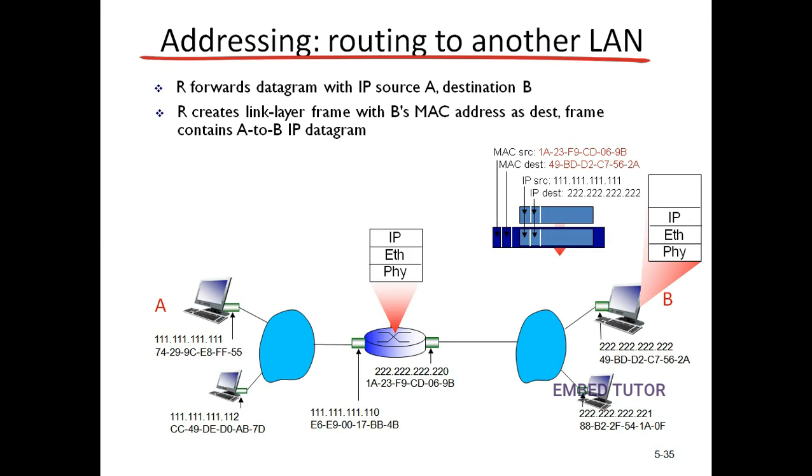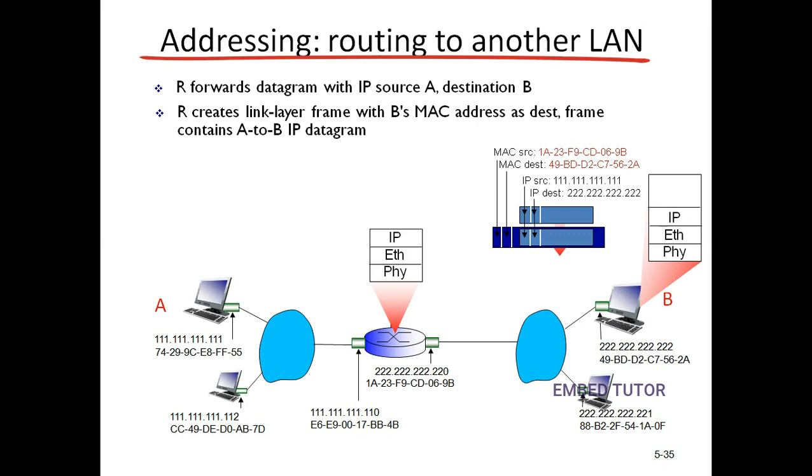So the IP source address will be 111.111.111.111, that is the IP address of node A, and the destination IP address will be the IP address of its own node, that is the IP address of the node B, which is 222.222.222.222. And now the packet is ready to be processed and handed over to its upper layer for further processing.